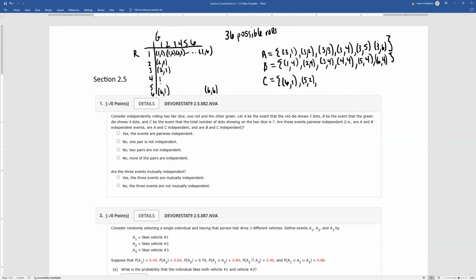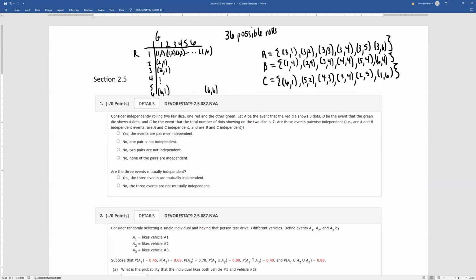Then we would have 4, 3, and then 3, 4, and then 2, 5, and then 1, 6. All right, so that's our subsets. These are the ones where the dice add up to 7.